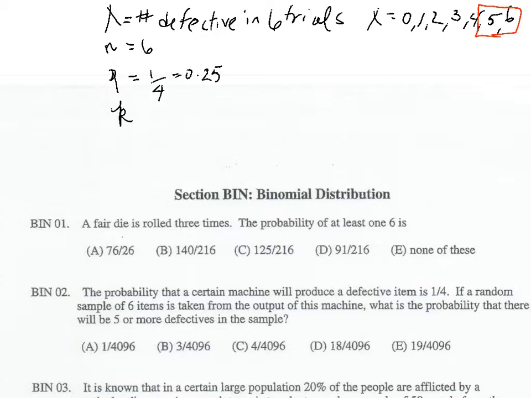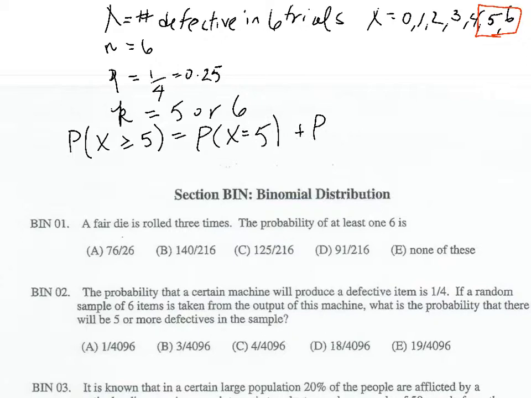So what we need to calculate as our special K is 5 or 6. So we need to calculate probability x greater than or equal to 5, which we can write as probability x equals 5 plus probability x equals 6.